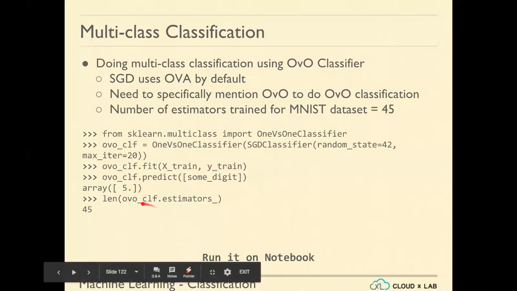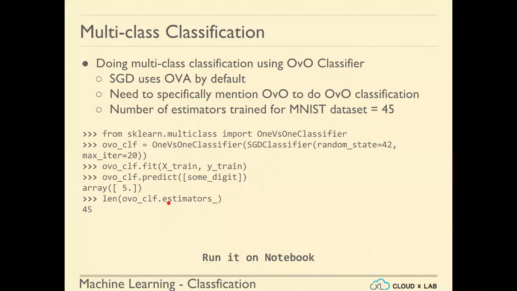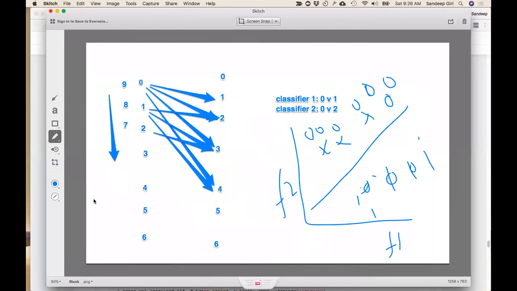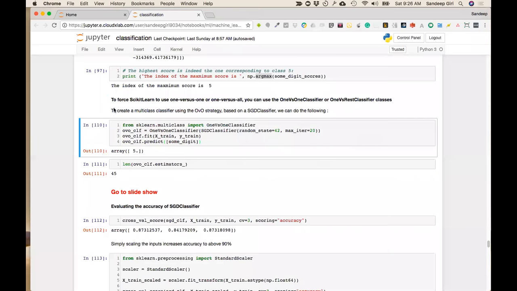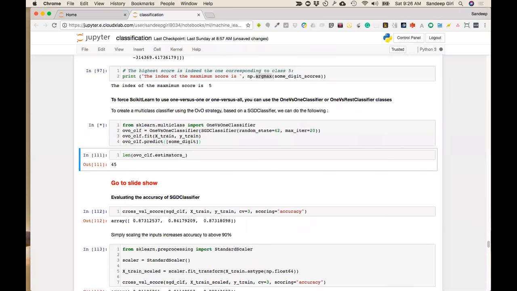Here you can see that the number of estimators is 45. So here we are training one versus one, and the number of estimators is going to be 45. Let it finish.